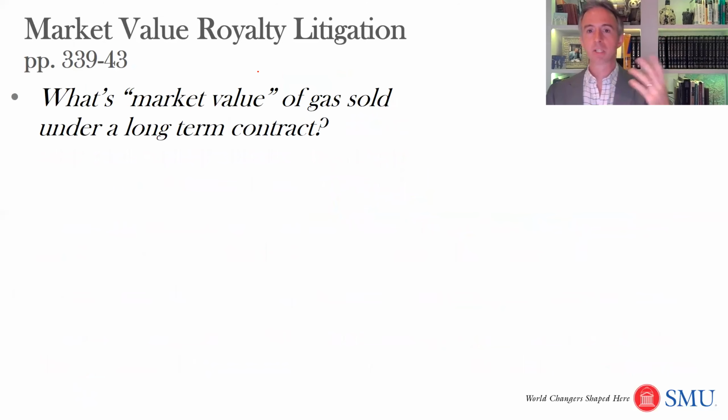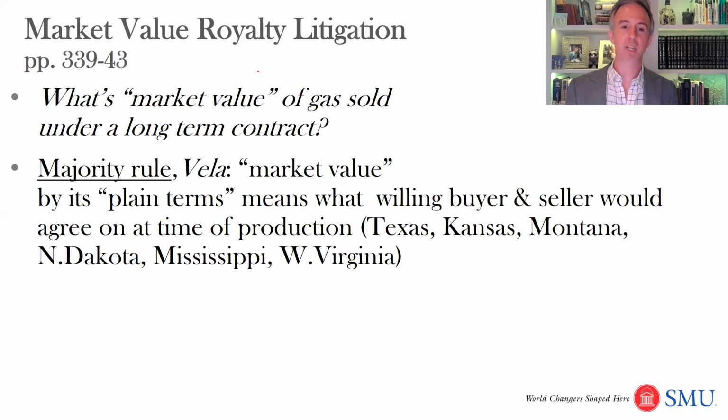All right. So there is a lot of litigation about market value royalties because of this concern about what's market value when it differs from the current market value and the long-term contract price that somebody has locked in, because gas markets fluctuate, and you might want to just say, okay, I promise to pay $8 an MCF for the next 5 years.